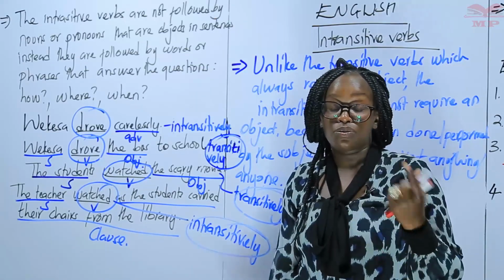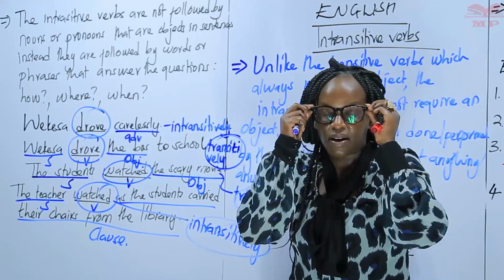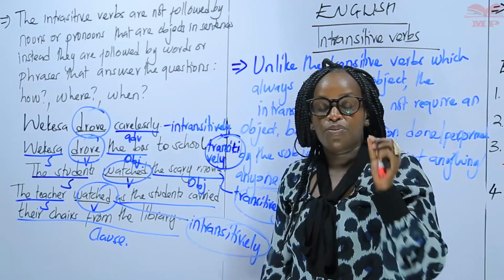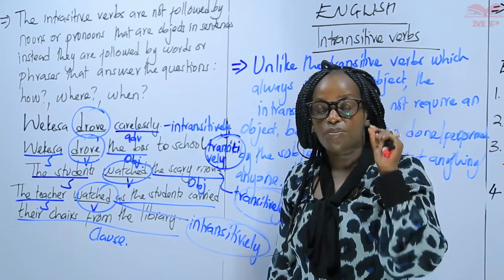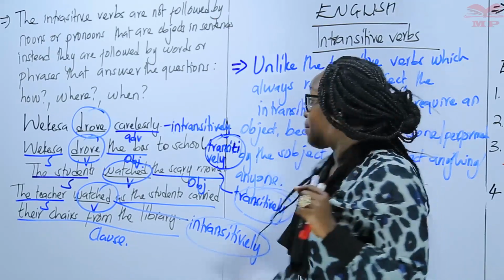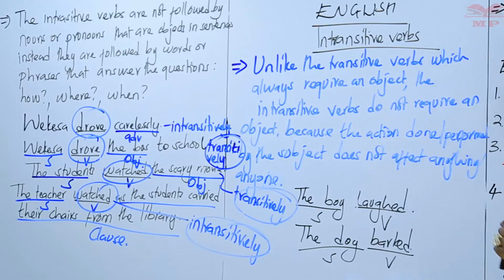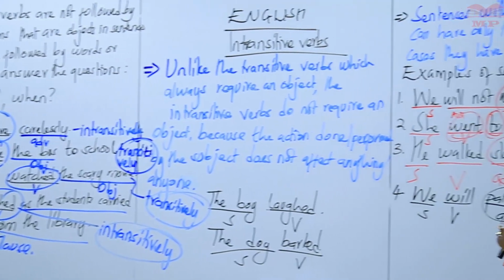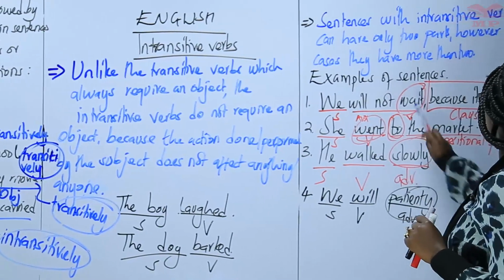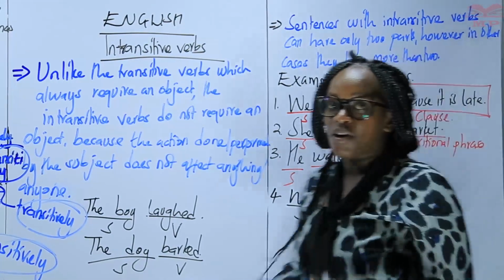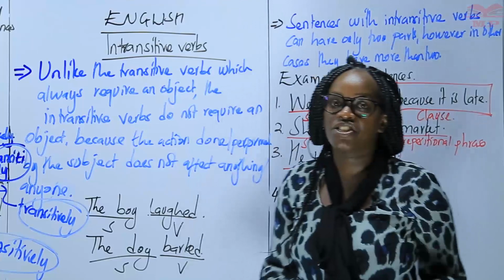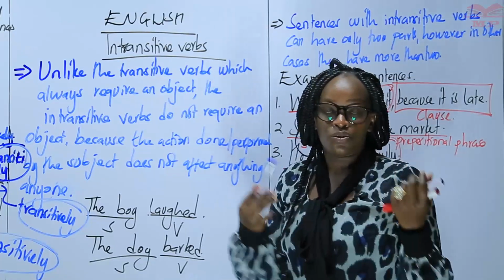Then something else that I should also mention in regards to intransitive verbs is the fact that, unlike the transitive verbs, where you can change the sentence from its active voice to the passive voice, for these ones, you cannot change a sentence. Let's look at a sentence like, we will not wait because it is late. We do not have an object. If we do not have an object, there is no way of changing a sentence from the active to the passive voice.